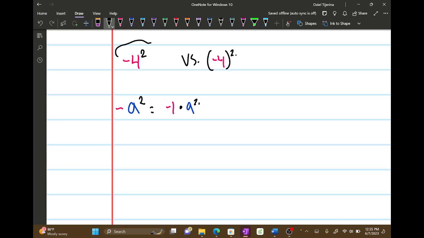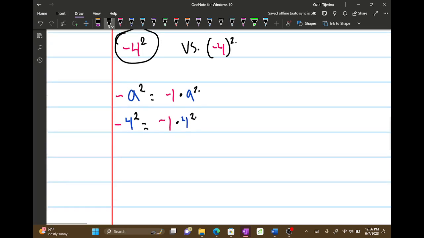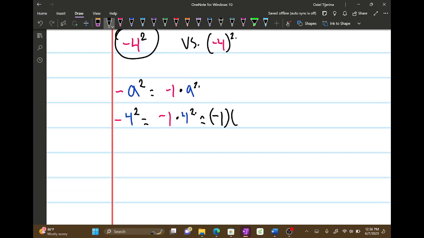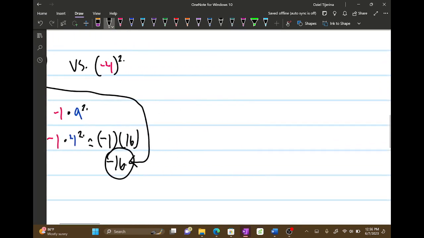So -4 squared is really negative 1 times 4 squared, which is negative 1 times 16, which is negative 16. So this is actually negative 16 and not 16. Do not say that -4 squared is 16, because this is not true.